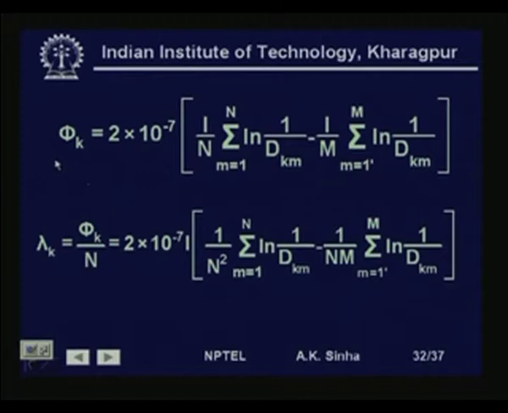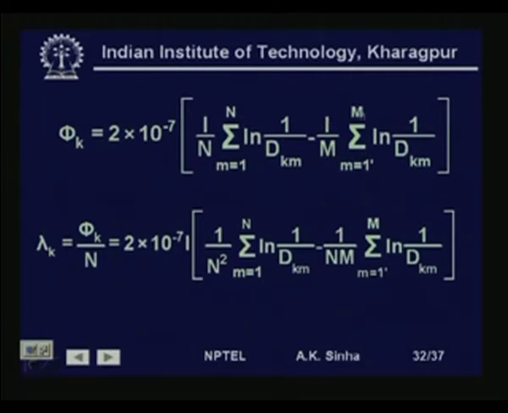So, the total flux which is linking this conductor K will be given by I by n, the current flowing in all the subconductors of conductor X. So, I by n sigma log n 1 by d k m, where d k m is the distance of all the conductors from the conductor K. Similarly, the current minus I by m is flowing in each subconductor.